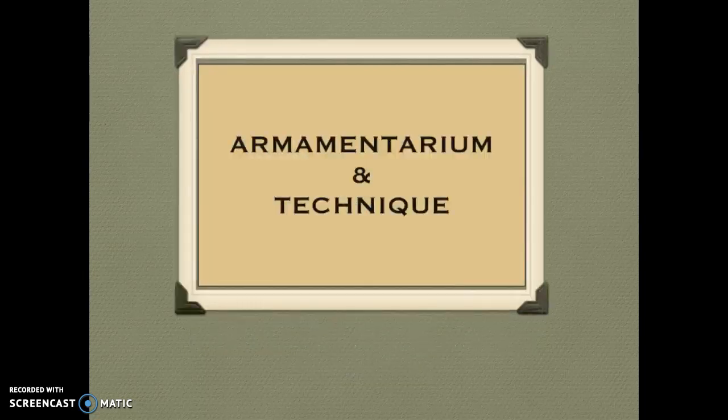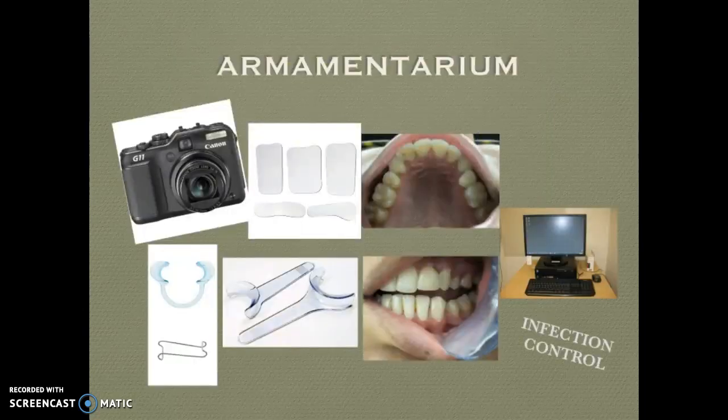Next, let's look at the armamentarium and the technique. So first of all, we have a camera. Now this particular camera is a DSLR camera, which stands for Digital Single Lens Reflex Camera.